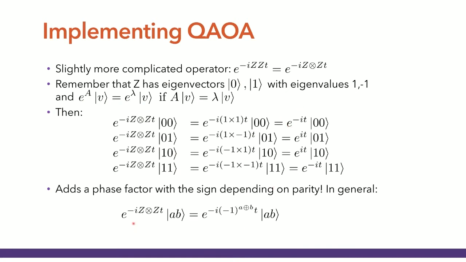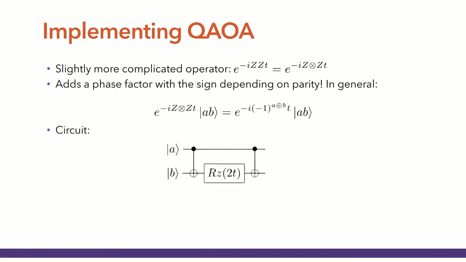So it adds a phase factor that is something like -1 to the power of A XOR B. And the circuit implementing that is CNOT, RZ, CNOT. You can see this simply by seeing what it does on some input AB. So the first CNOT sets the second register to be A XOR B.